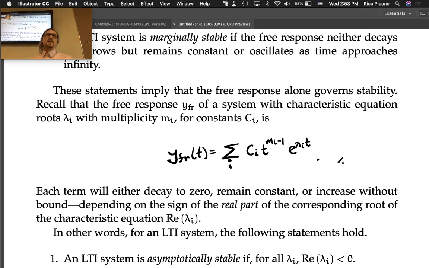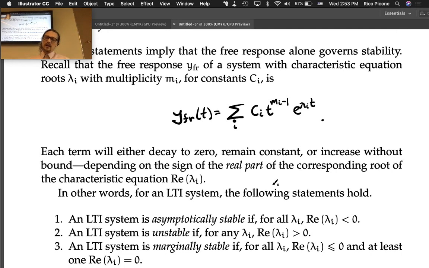If the real parts are 0, we're not going to get a decay or an increase. And if the real parts are positive, we're going to get an exponential growth. Okay? There's a little bit of subtlety that comes in because of this multiplicity t factor, but the exponential always dominates the t factor here.